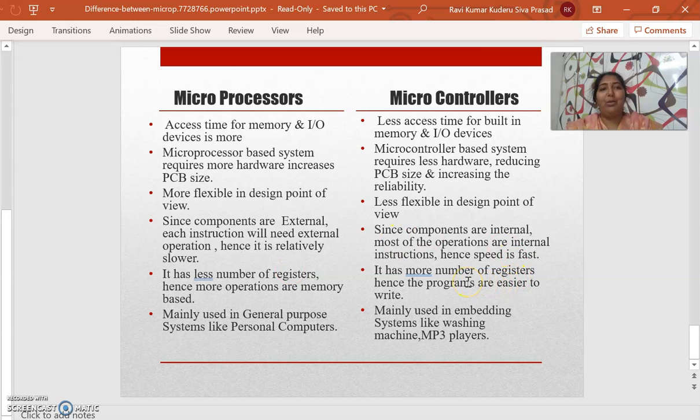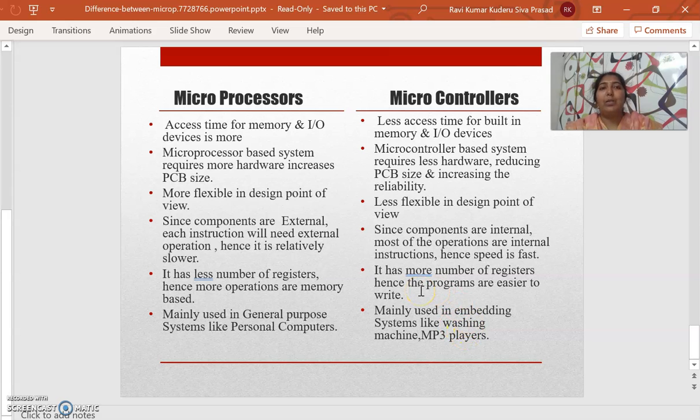Coming to the microcontrollers, they contain more registers, so it takes less time for execution, and it is very easy to write the program. And I already told you that microprocessors are used for general purpose systems like personal computers, but microcontrollers are used for specific purpose applications such as embedded systems like washing machines, MP3 players, etc.